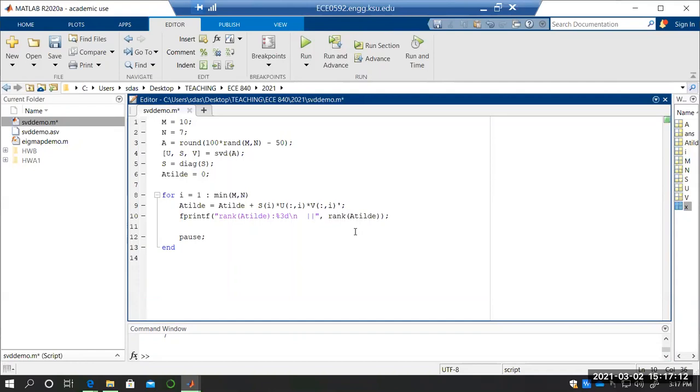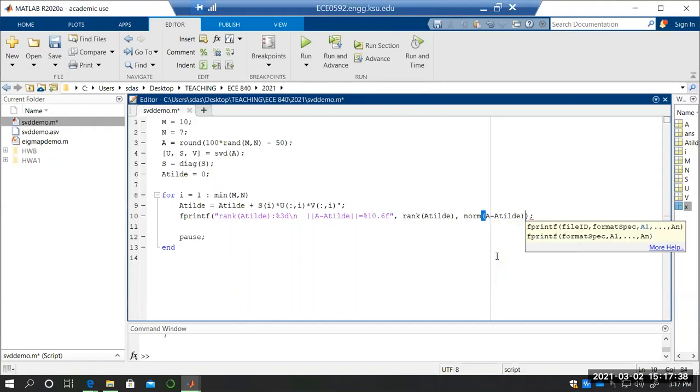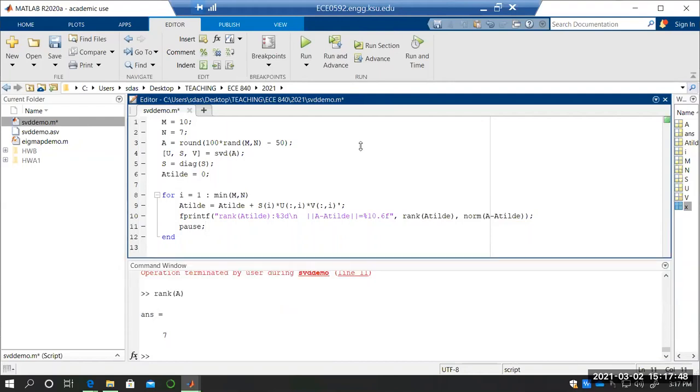I hope this worked. Okay. So I am going to print the rank of this and the norm.